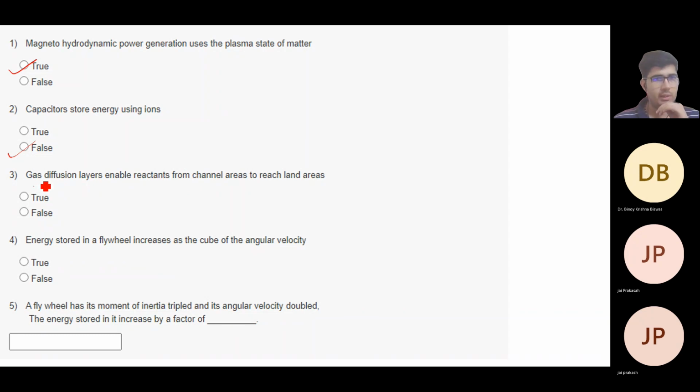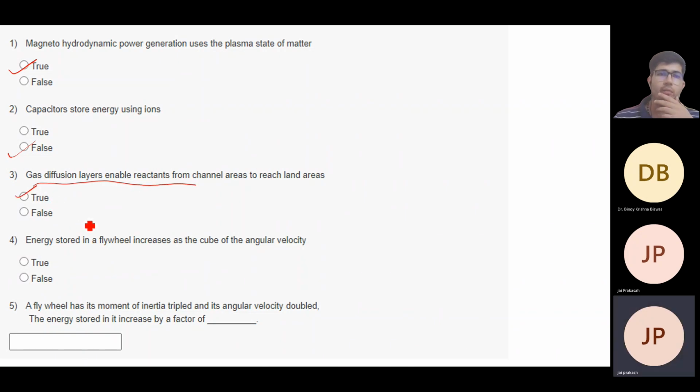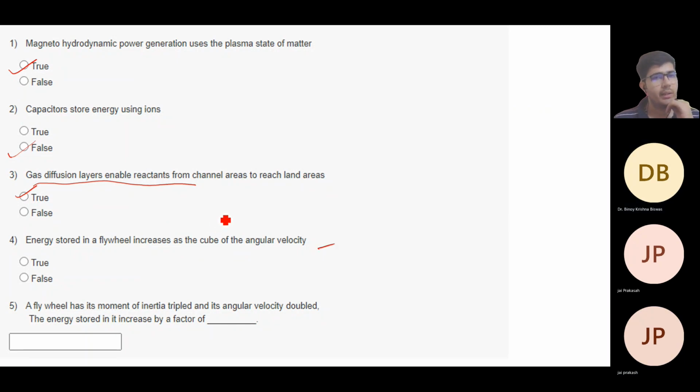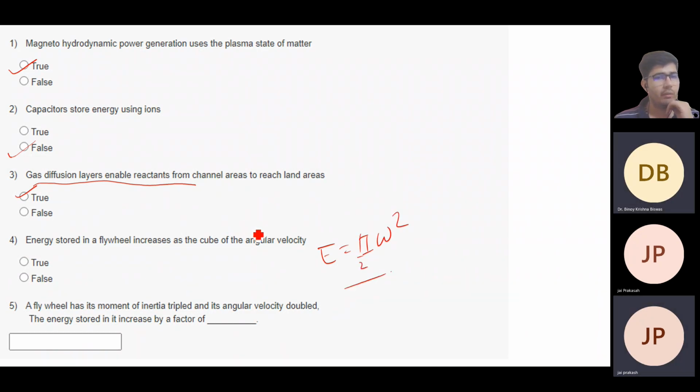Yes, gas diffusion layers are used for the reactants to go from the channel area to the land areas. True. Energy stored in a flywheel increases as the cube of the angular velocity. Sir, false, because E is equal to half I omega square. Right.